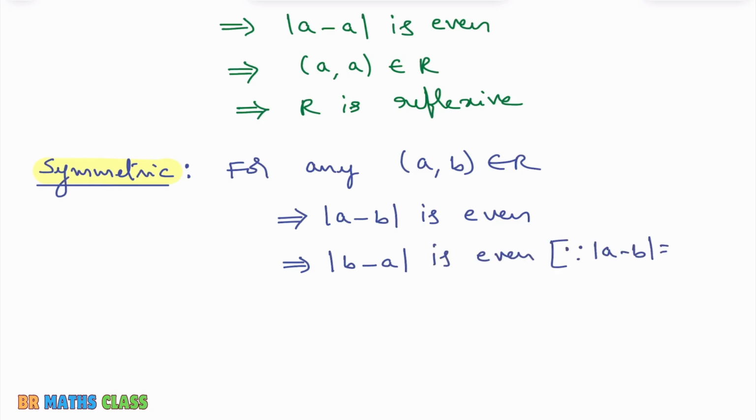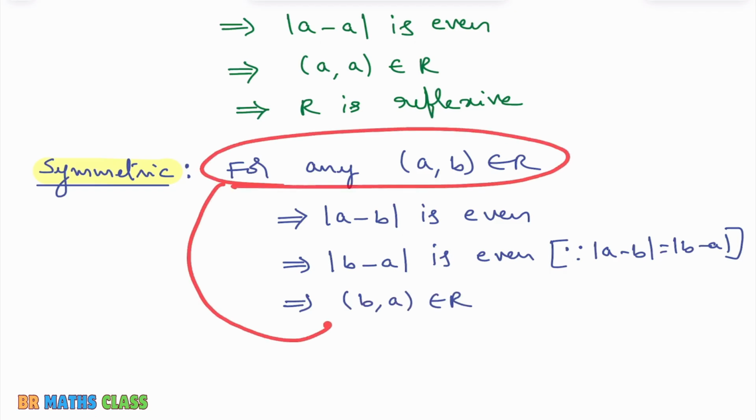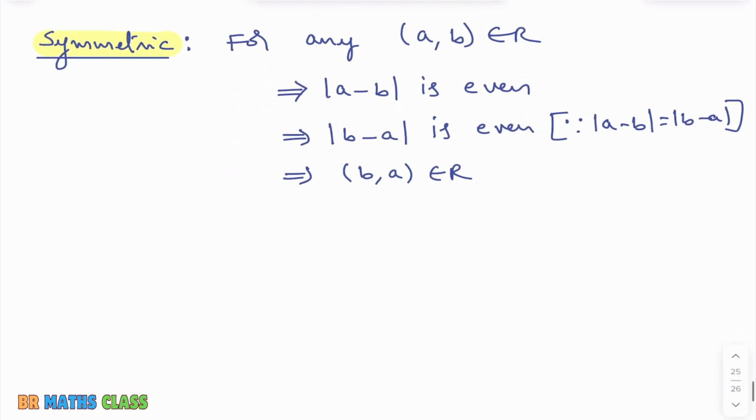Both values are the same. So in place of the modulus of a minus b, I can write the modulus of b minus a. As we got that the modulus of b minus a is even, from this I can write that the ordered pair (b, a) belongs to the relation. For any ordered pair (a, b) in the relation, the ordered pair (b, a) also belongs to this relation. I can say that the relation R is symmetric.